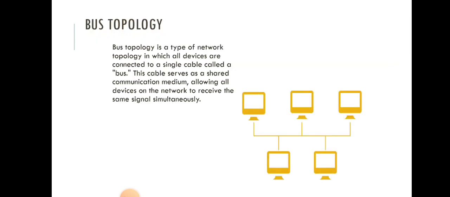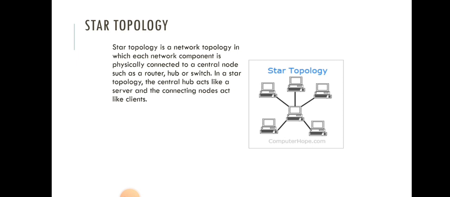Bus topology. Bus topology is a type of network topology in which all devices are connected to a single cable, the bus. The cable serves as a shared communication medium, allowing all devices on the network to receive the same signal simultaneously. Star topology.